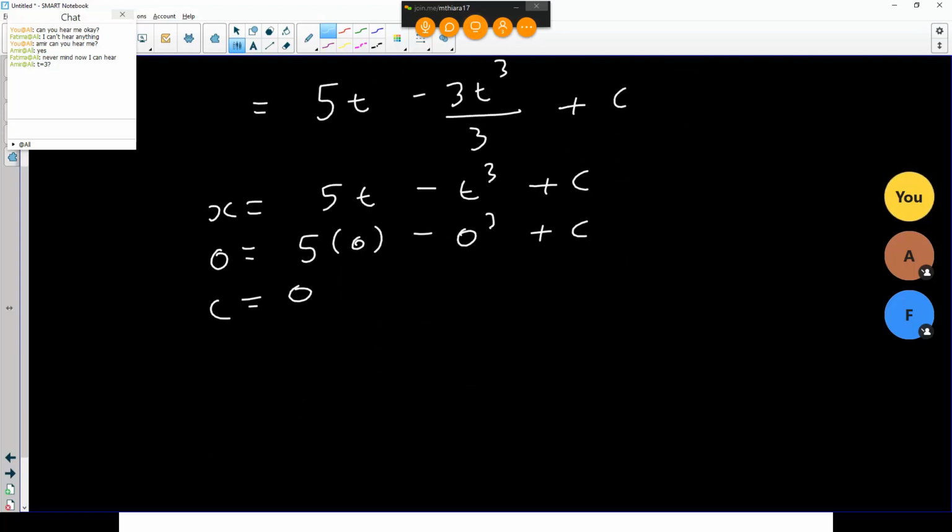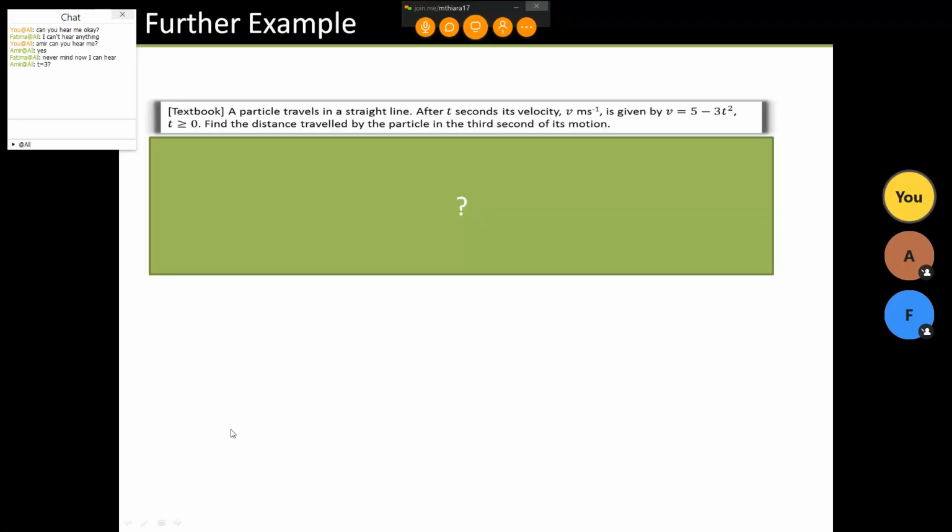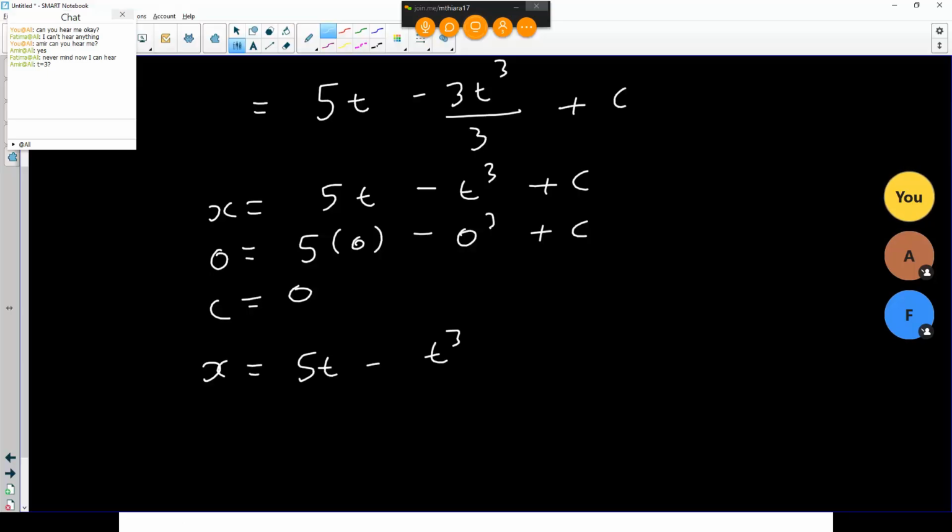Now that I've got my formula for displacement, x equals 5t minus t cubed, I can work out how much the particle travels in its third second. Find the distance travelled by the particle in the third second of its motion. It's not saying what is the displacement at time t equals 3, it's asking us to find the distance travelled in the third second.